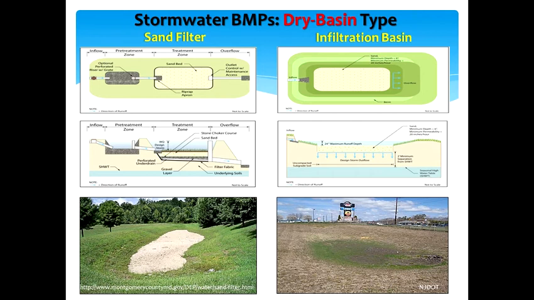The sand filter has a minimum sand layer thickness of 18 inches with an optional underdrain below the required stone choker course. The sand itself has a maximum field permeability of 4 inches per hour. On the other hand, the infiltration basin requires a minimum sand layer thickness of 6 inches with a much higher allowable field permeability and no underdrain.